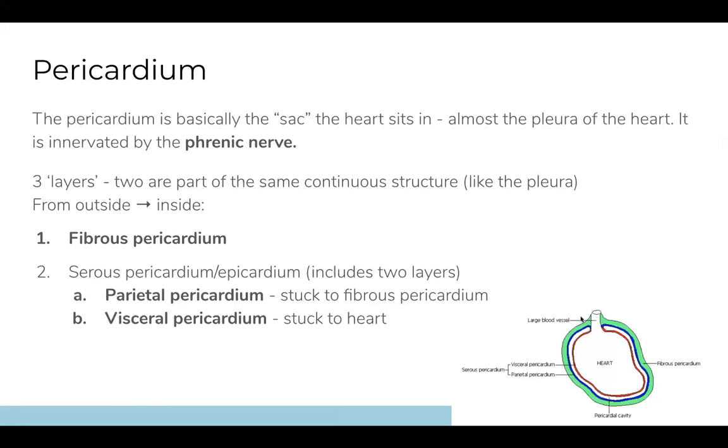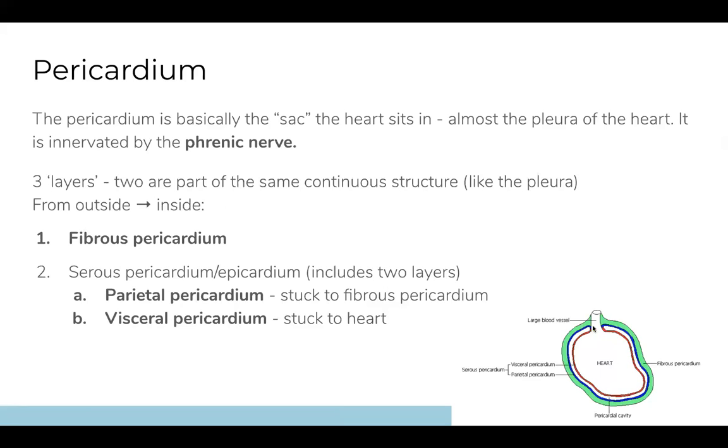The serous pericardium is made up of your parietal and your visceral pericardium. Once again, that is very similar to the pleura. Your parietal is more on the outside, stuck to the outer fibrous pericardium, and your visceral is on the inside, stuck to the heart.